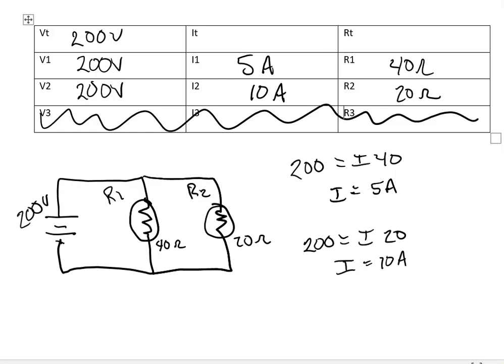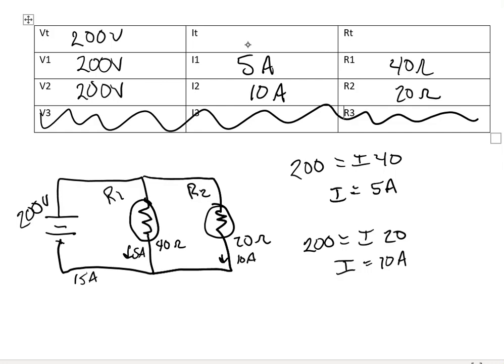Well, what did we learn to do with our currents? We said that this right here was going to have 10 amps flowing down through it. The 40 ohm was going to have 5 amps running down through it. So when these two combine, it's going to give me a total of 15 amps. So what does that mean?